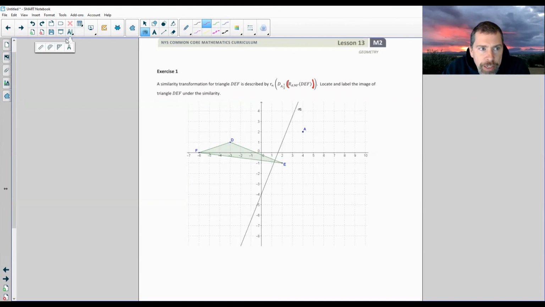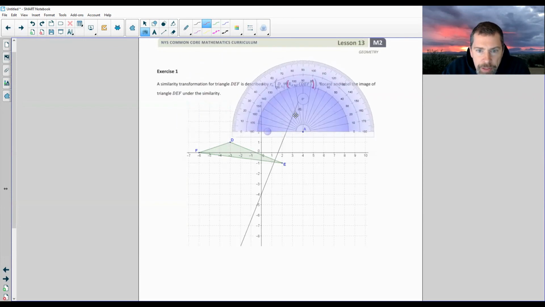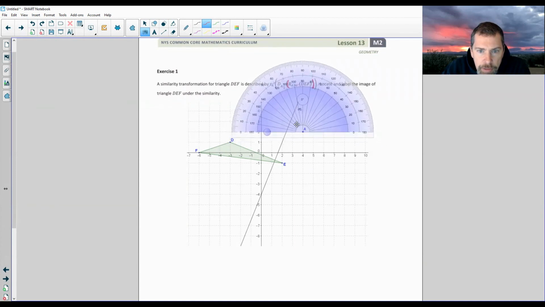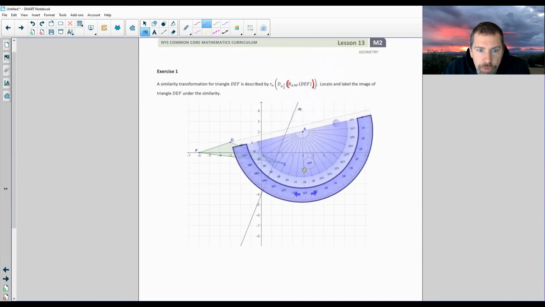So I'm going to get my protractor and I'm going to put it at A. See how the crosshairs line up with A right about there? Right there, pretty close.